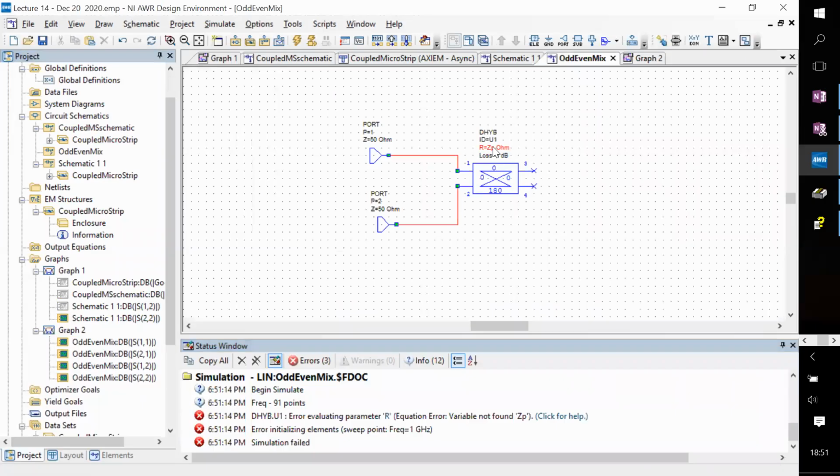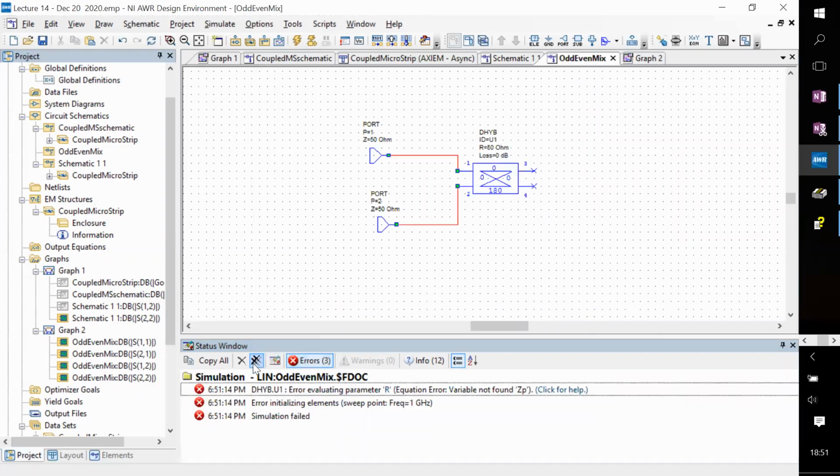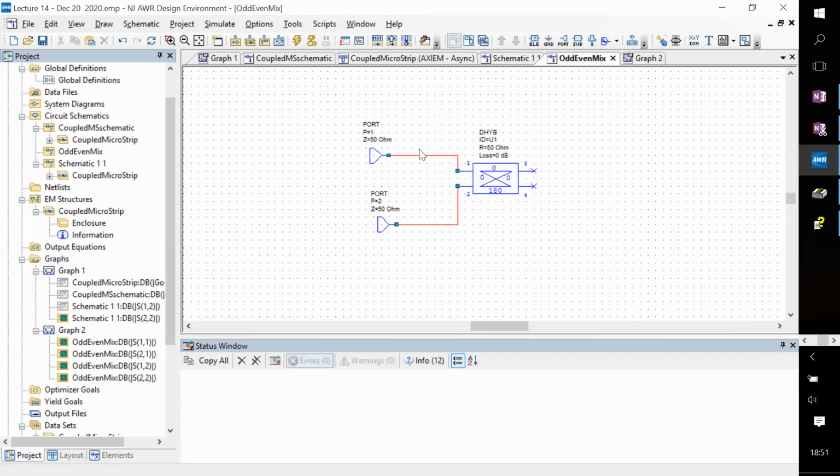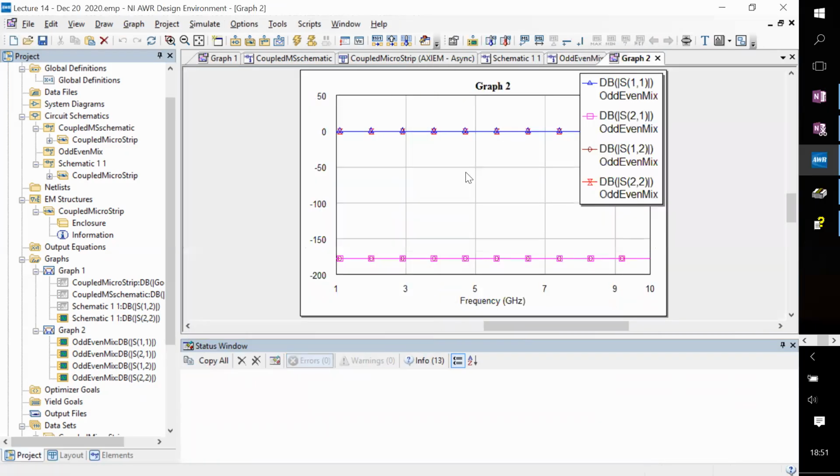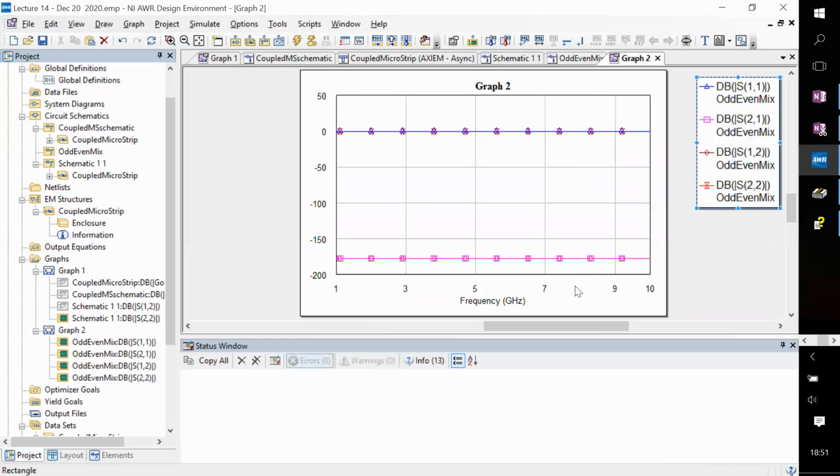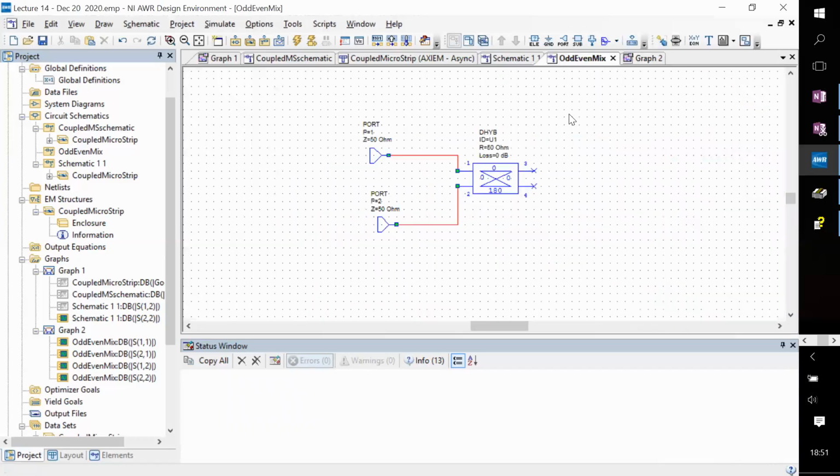So blue and red are the reflection coefficients, S11 and S22, and pink and brown are the transmission coefficients, S21, S12.